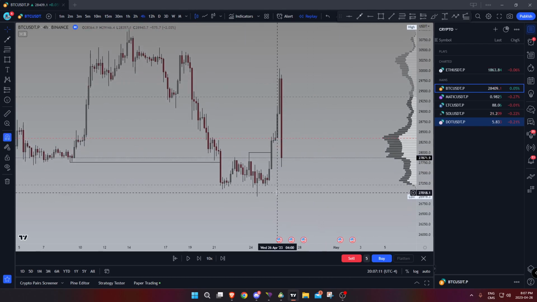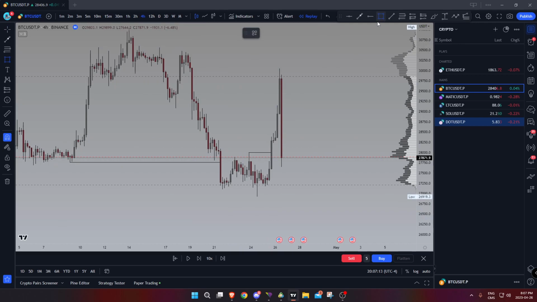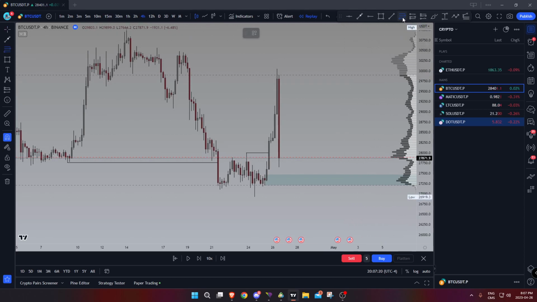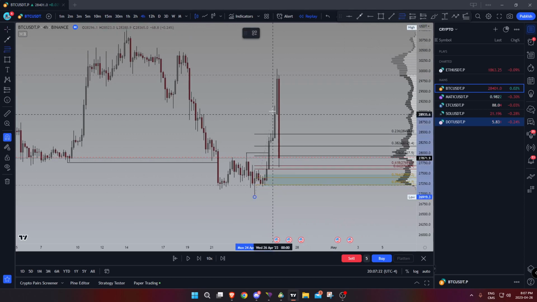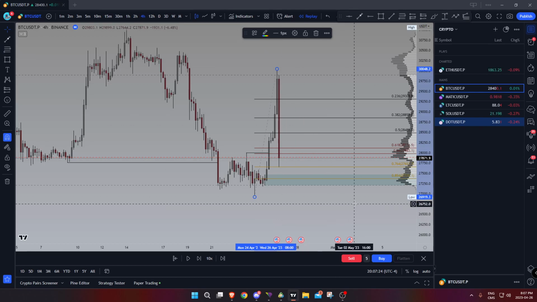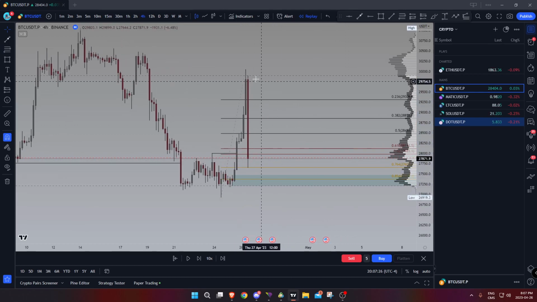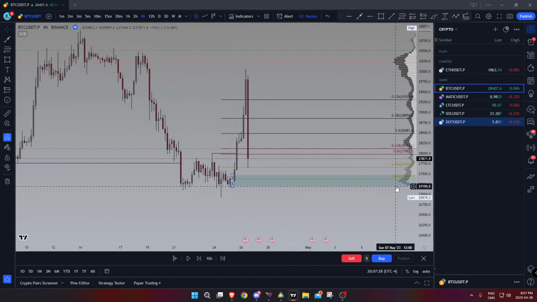So what was the last down candle before the move? This one there, right? So again, let's just draw our fib tool from there to there. Now that we have all this here, what we're looking for too is the volume profile. We do have a lot of volume in this area.